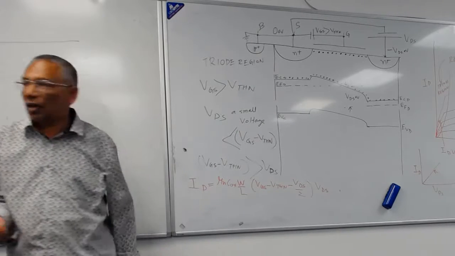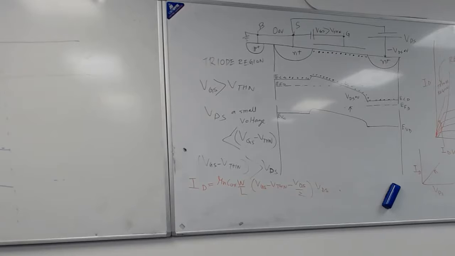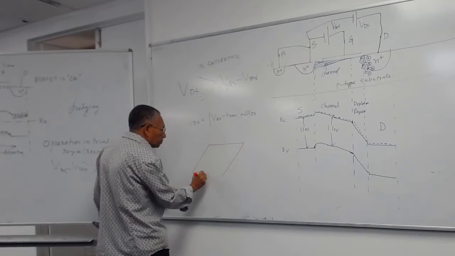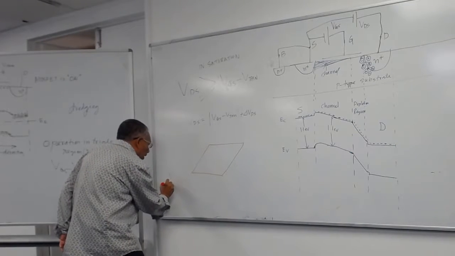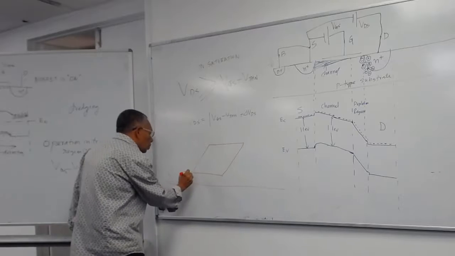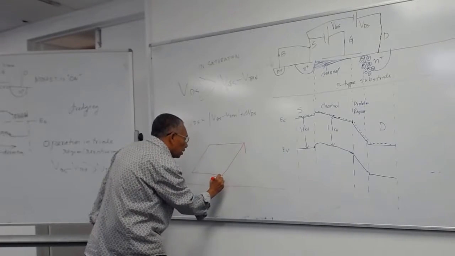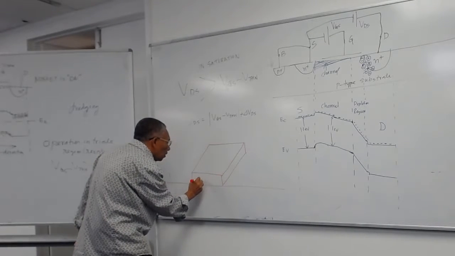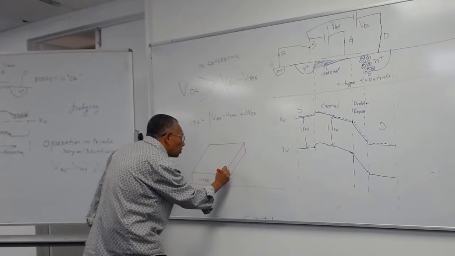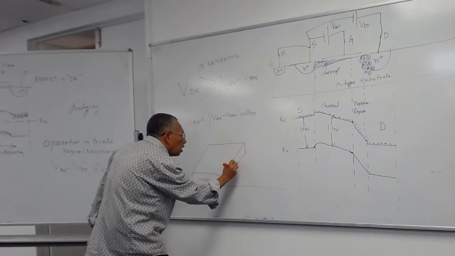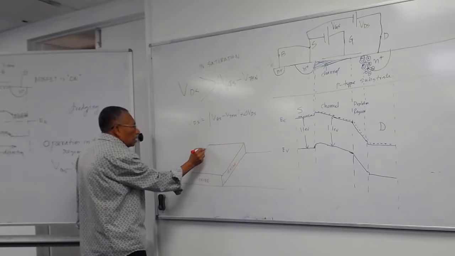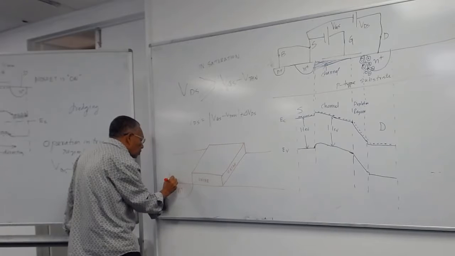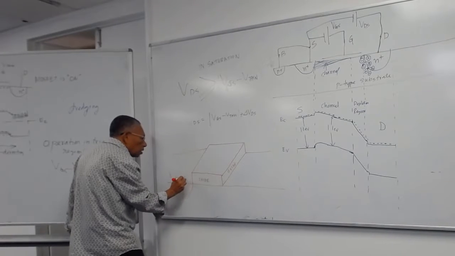So let's draw that. If you actually draw a transistor in 3 dimensions, which I tried to do once in the lab, it will look like this. So you will have your channel. This is your oxide. This is your source, and this is your drain.